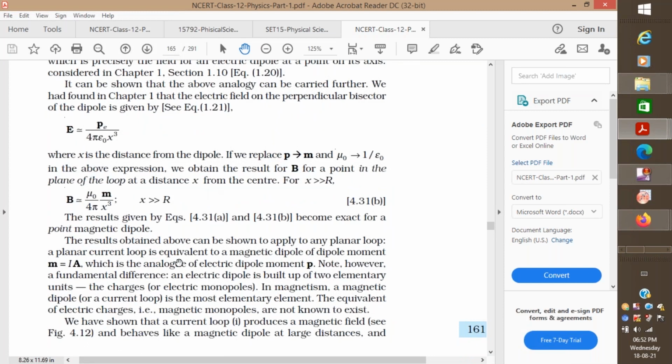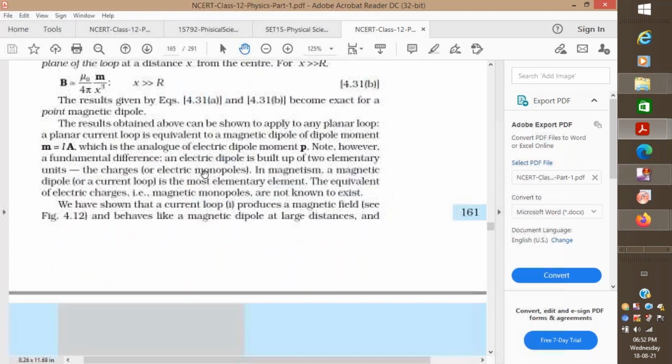This part is very important, I'll underline it. The results obtained above can be shown to apply to any planar loop, not only a circular loop. Any planar current carrying loop is equivalent to a magnetic dipole of dipole moment M equal to I into A, which is the analog of electric dipole moment P.